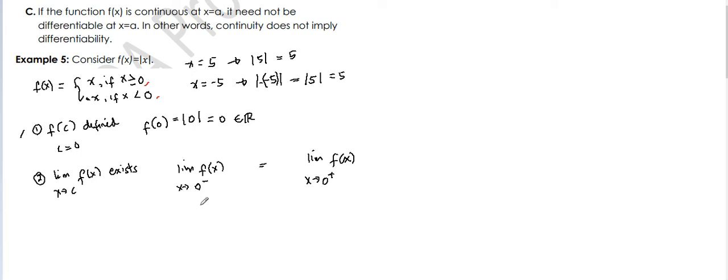Okay, paano natin malalaman yun? Okay, so pwede tayong gumawa ng number line. At mapapansin natin dito, lagyan natin dito yung 0. Then we know na yung number na less than 0 ay negative 1 at yung number na greater than 0 is 1.